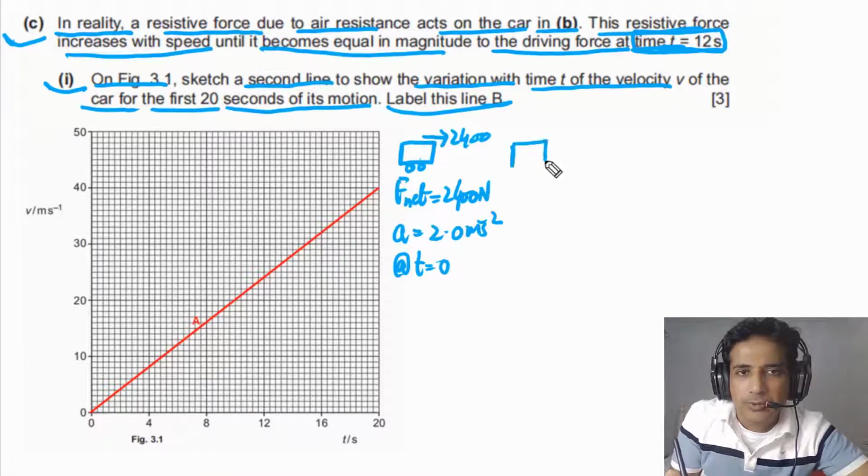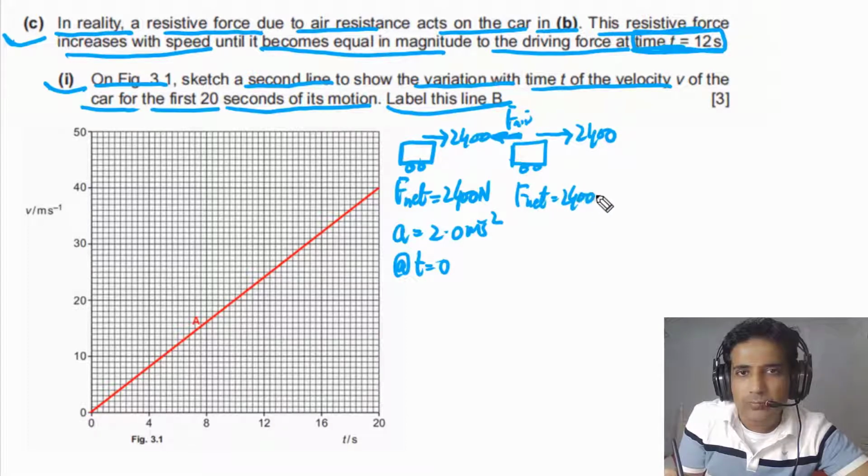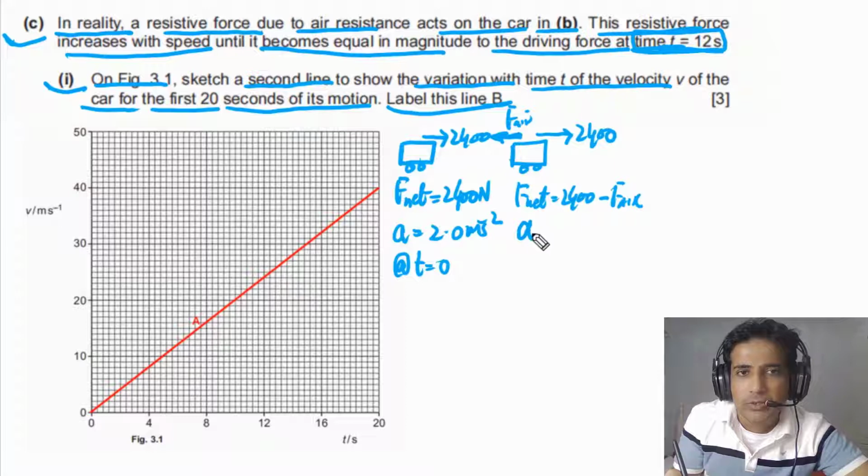After some period of time, the driving force is not changing, so it is still 2400, but now the car is moving, so there are resistive forces, so we can say F air. Now F net will be equal to 2400 minus F air. So F net is smaller than before, so the acceleration, we can say A1, will be lower than A. This is happening at time T1.